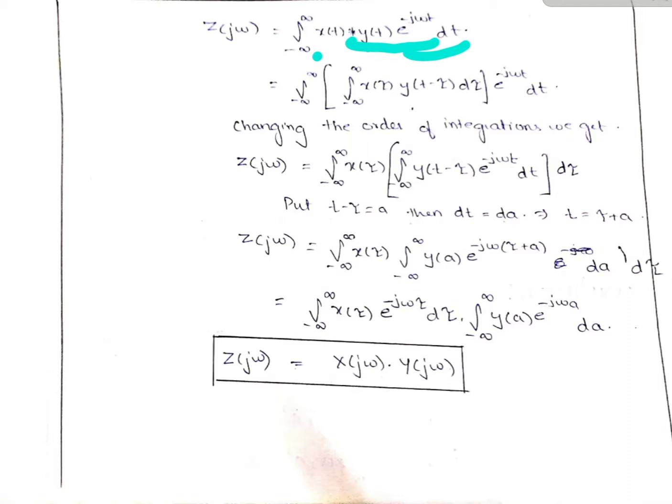Now changing the order of integration, the integral of x of tau times the integral of y of t minus tau e raised to minus j omega t dt d tau. The e raised to minus j omega t will take care of the shift, and from equation 1 this is X of j omega and this is Y of j omega. Therefore, the convolution property.